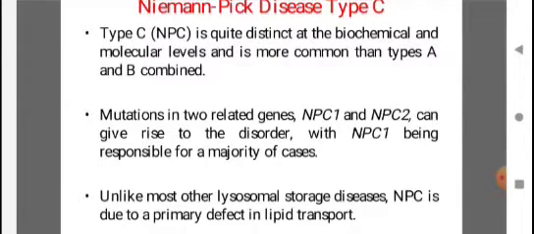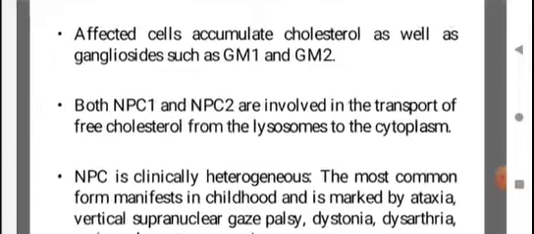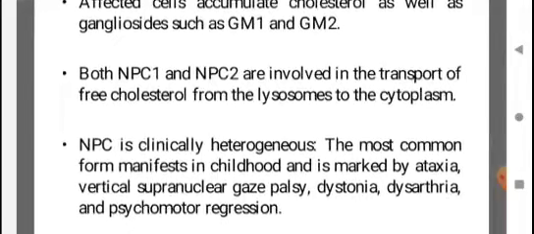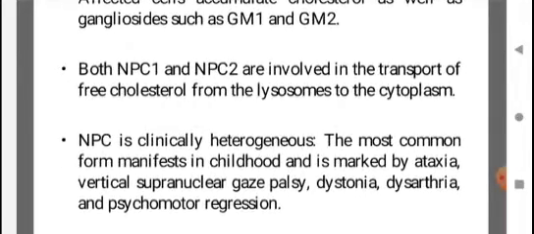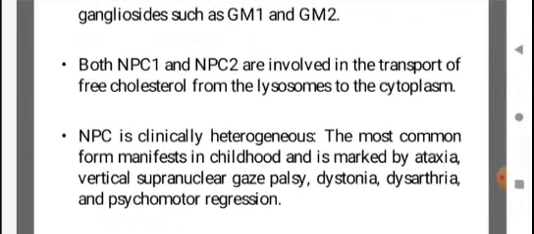Unlike most other lysosomal storage diseases, NPC is due to a primary defect in lipid transport. Affected cells accumulate cholesterol as well as gangliosides such as GM1 and GM2. Both NPC1 and NPC2 are involved in the transport of free cholesterol from the lysosome to the cytoplasm.